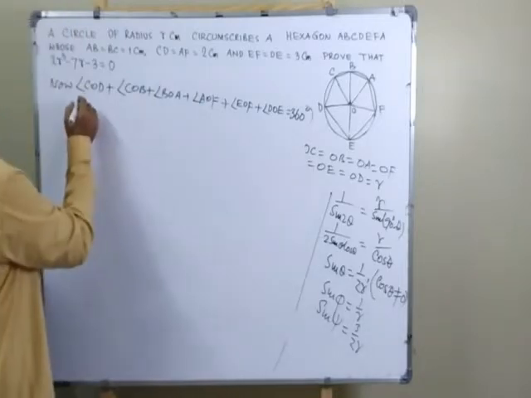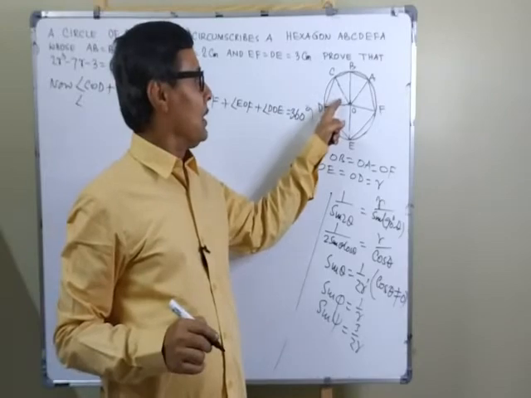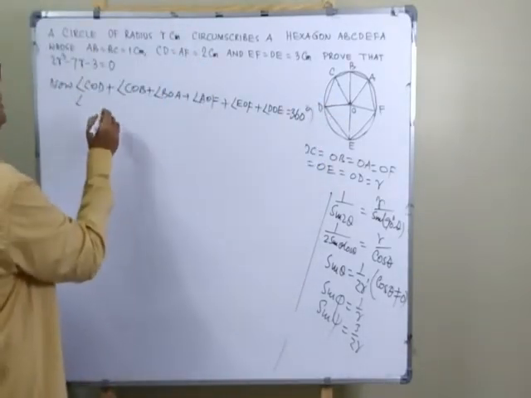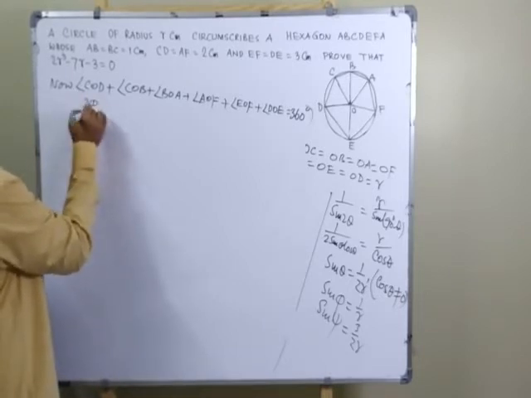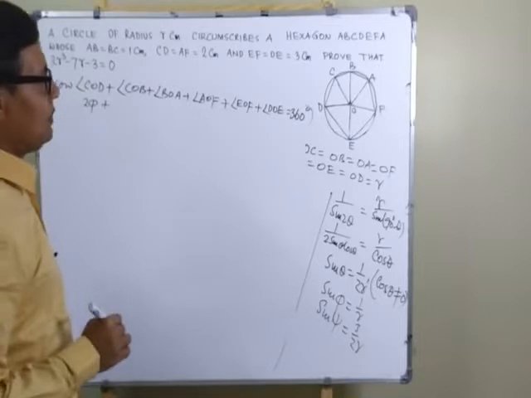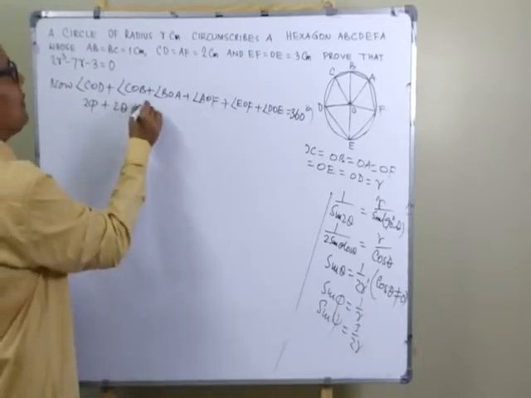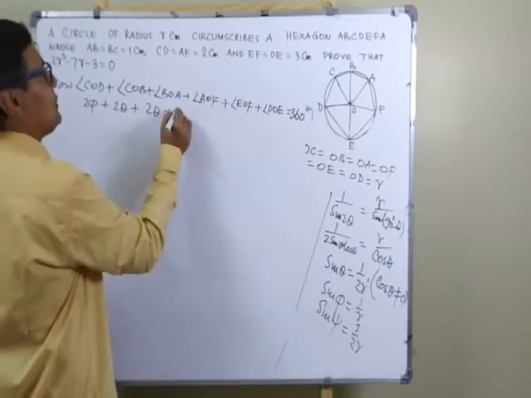So we can write COD, COD is considered as 2 phi. So this is 2 phi plus COB. COB is considered as 2 theta. BOA is also 2 theta. AOF is considered as 2 phi.